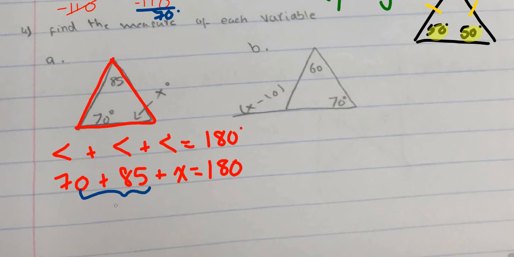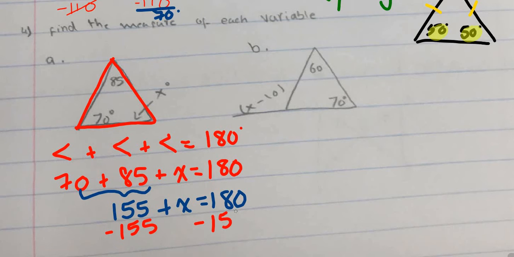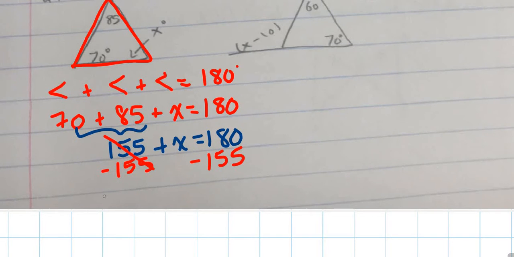We add these up, and that's 155 plus x equals 180. And we minus 155 each. So our unknown angle is 25 degrees.